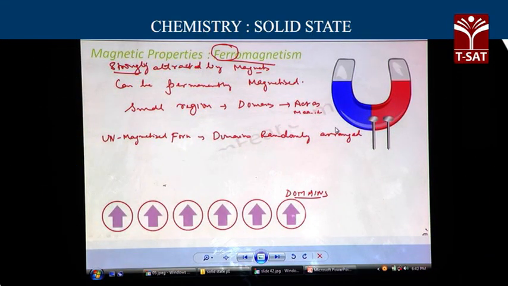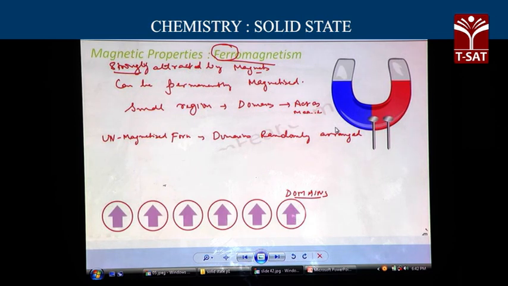Ferromagnetic substances have small domains of magnetic moments and they are all aligned in the same direction. So, what are ferromagnetic substances? The substances which are strongly attracted by the magnetic field.